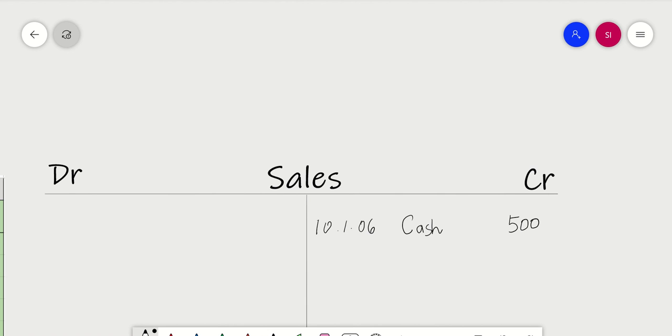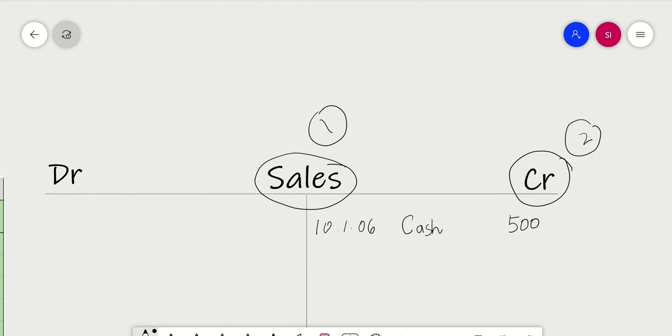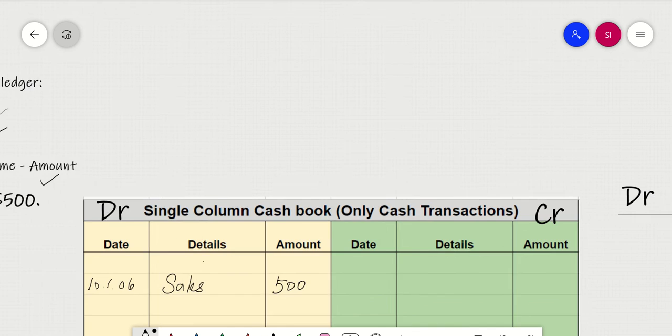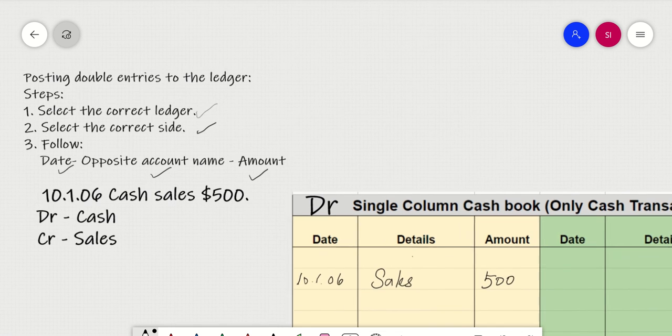So, I chose the correct account. I chose the correct side, credit side, and then I followed the correct sequence, which is date, opposite account's name, and then the amount. Now, this is how you complete a single column cash book, right?